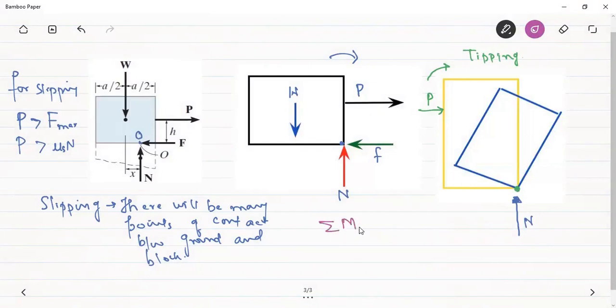The friction force and the normal reaction won't cause any moment about point O. The moment will be caused by the weight, in the anti-clockwise direction, with moment arm x. This P will cause a moment in the clockwise direction, therefore a negative moment, with moment arm h. So this will be equal to 0. From here, we get the value of x, which is equal to Ph by W.